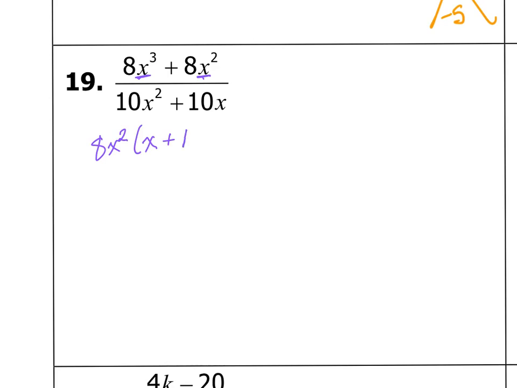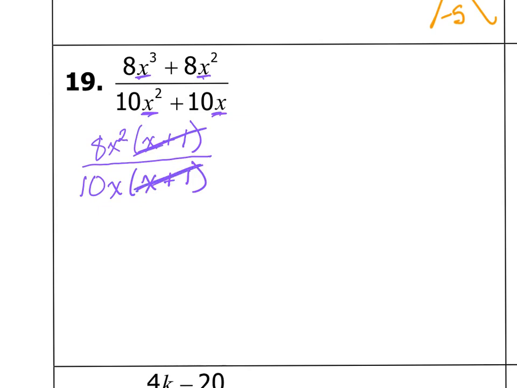Well, 1. So that's going to be a 1 there. And then we're going to do the same thing in the denominator. Well, they're both 10, so I know I'm going to take a 10 out. And then I have an x squared and an x, so what's the most I can take out? Well, 1x. So that's going to leave me with an x plus 1 also. So my 1's are going to be x plus 1 over x plus 1.